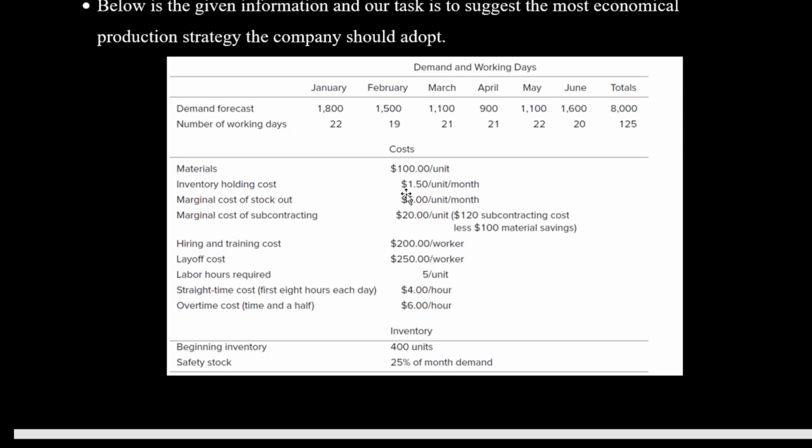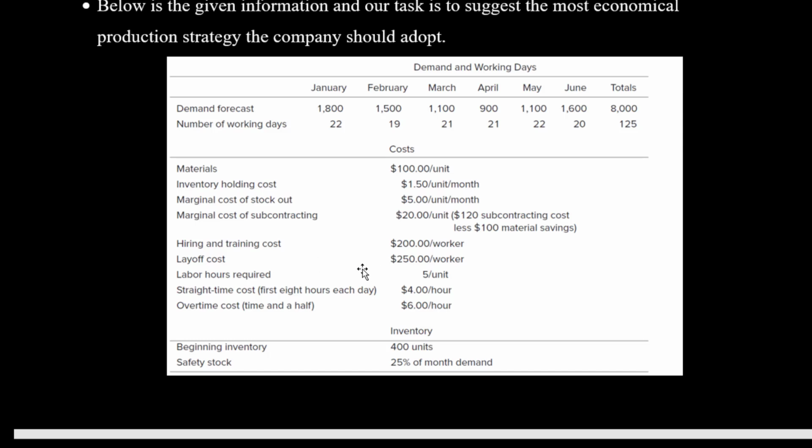Inventory holding cost is $1.5 per unit per month. Marginal stock out cost: in some of the strategies we will be going for stock outs, so there we have to consider $5 per unit per month. Marginal cost for subcontracting is $20 per unit, but along with the material cost, it will be $120 per unit.